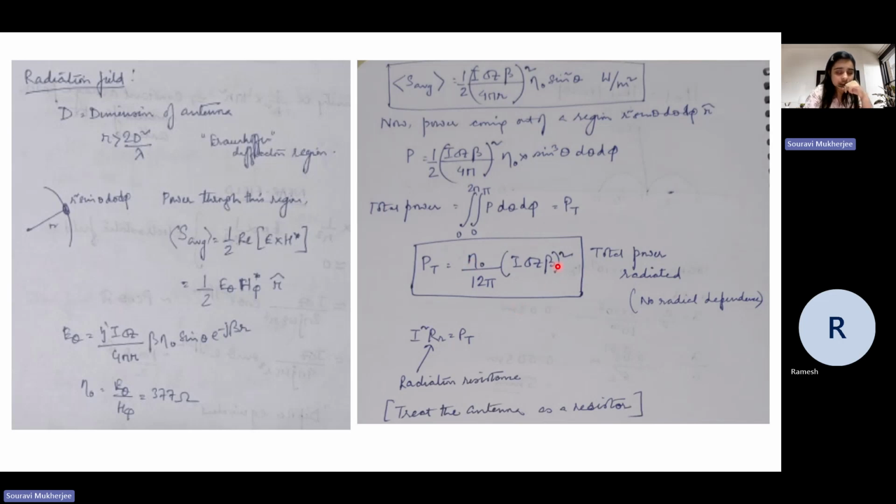So what does it depend on? It depends on the current that is flowing in your antenna, the dimension delta z of your antenna, and the radiation resistance, along with your wave impedance eta naught.